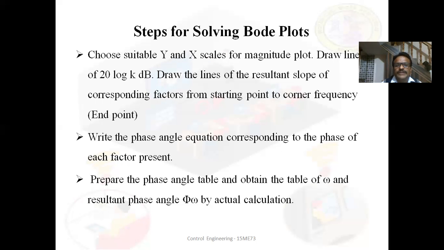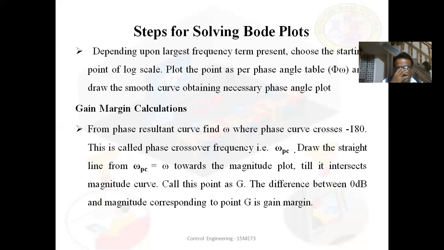Once you find the equation for phase angle, prepare the phase angle table and obtain the table of omega and resultant phase angle for actual calibration. Then, depending upon the largest frequency term, choose the starting point of the log scale, plot the points as per the phase angle table, and draw a smooth curve obtaining the necessary phase angle for each value of omega.